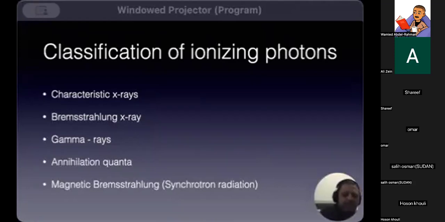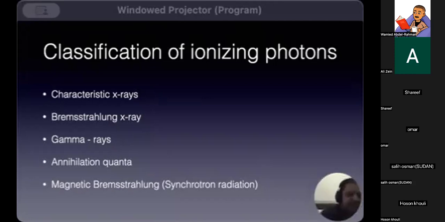And then magnetic Bremsstrahlung is basically a Bremsstrahlung produced by a magnetic field. When a charged particle goes into a magnetic field, the field will induce a magnetic force, depending on the velocity vector and the magnetic field vector.